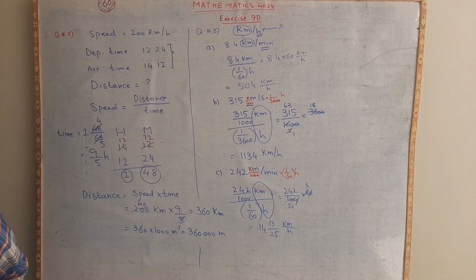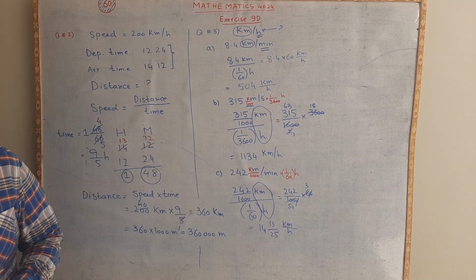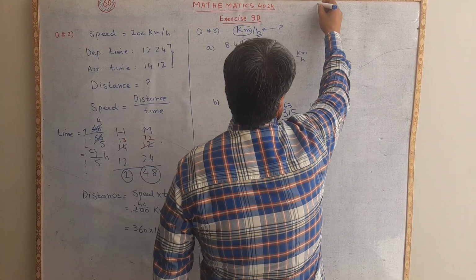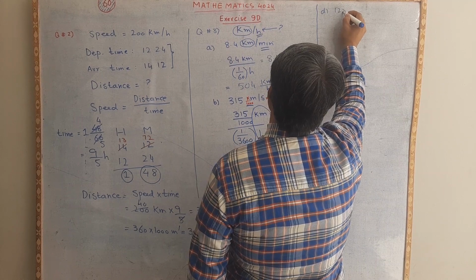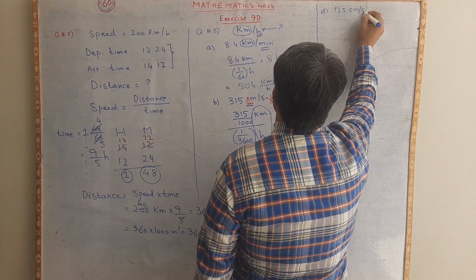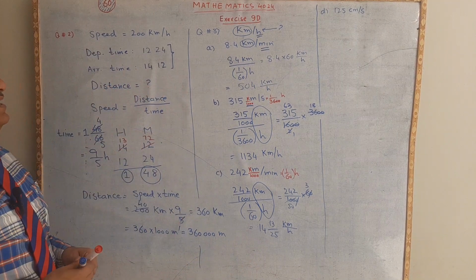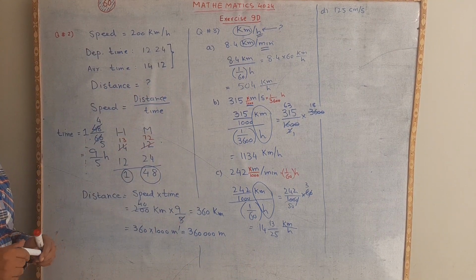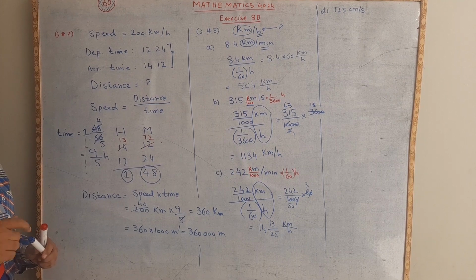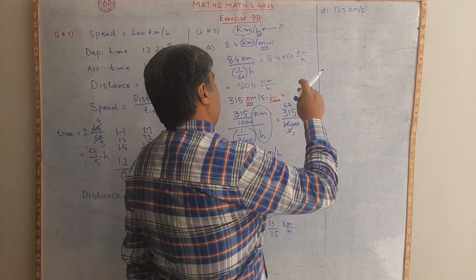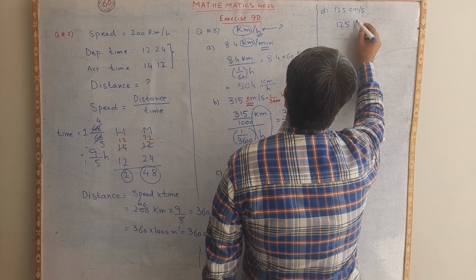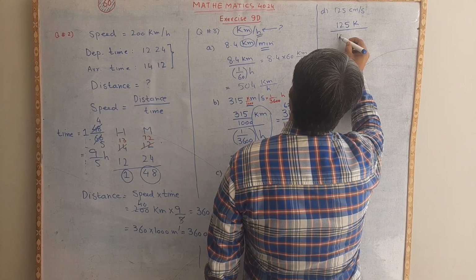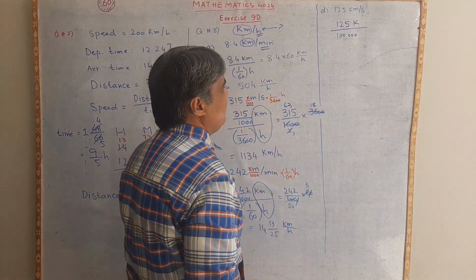Now let us do the D part, and D part is saying 125 centimeter per second. Remember, ladies and gentlemen, that there are 100,000 centimeters in 1 kilometer. So if we are introducing kilo instead of centimeter, we have to divide it by 100,000.